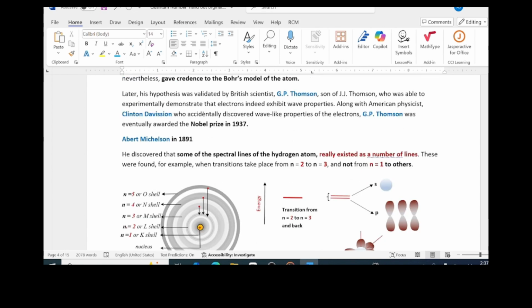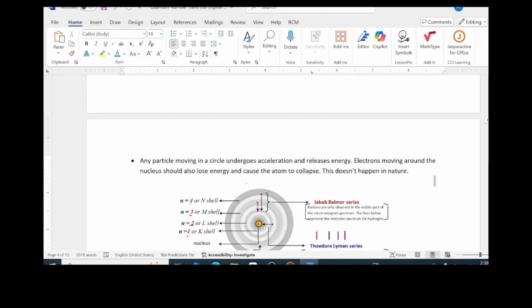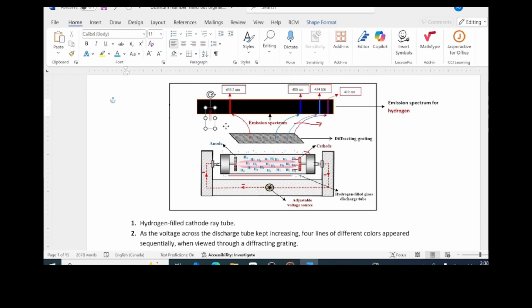Albert Michelson discovered that some of the spectral lines of the hydrogen atom really existed as a number of lines. These were found, for example, when transition took place from n equals 2 to n equals 3, but not from n equals 1 to others. So what he's saying is this, that this line here really existed as two lines, not a single line.